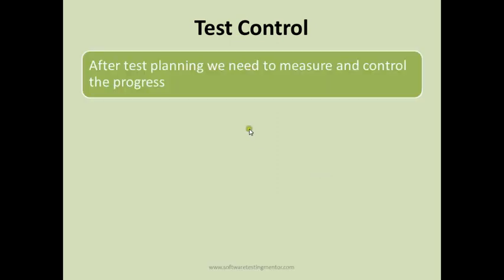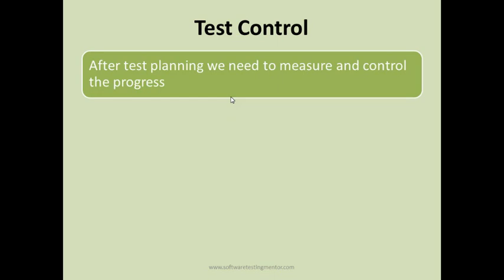Then test planning has another step to it that is called test control. So the first step of the fundamental test process was test planning and test control. We discussed some of the steps of test planning. Now let's see what test control means. After test planning, we need to measure and control the progress.